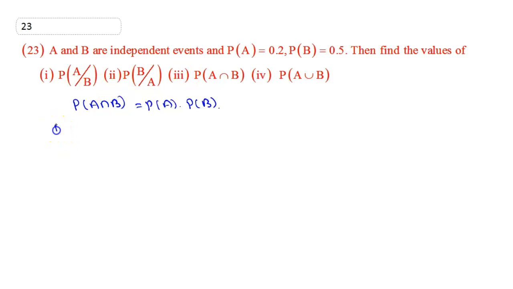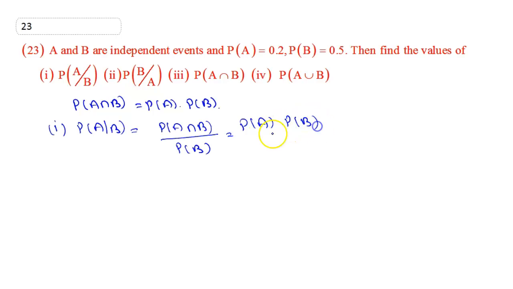So first condition, he is asking P of A divides B. P of A divides B can be written as P of A intersection B, by the multiplication theorem, by P of B. P of A intersection B, since A and B are independent events, can be written as P of A into P of B by P of B. Here we can cancel P of B, only P of A is left over. So P of A value is 0.2.